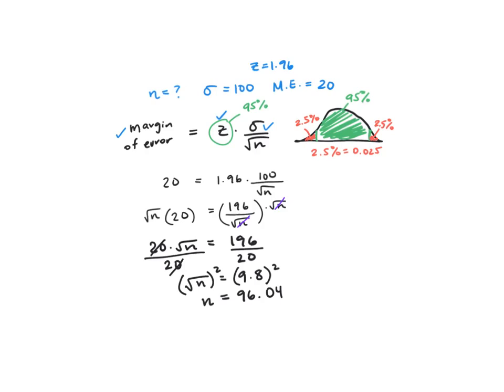So that means that at the very least we need 96 or more. So I'm just going to say 97. So we need a sample size of at least 97 textbooks.